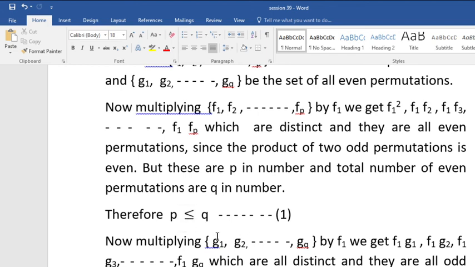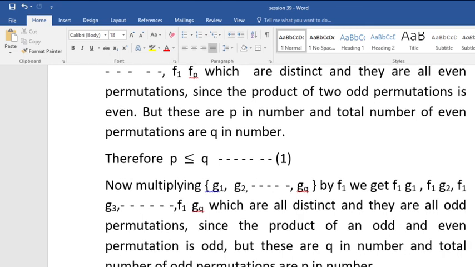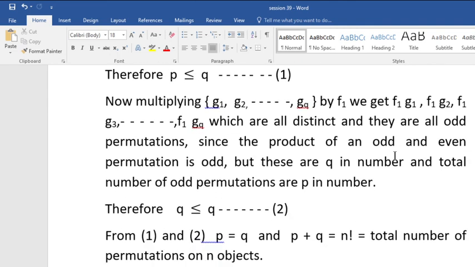Now multiply the set of all even permutations by f1. Then we get f1 g1, f1 g2, and in this way f1 gq, which are all distinct and all odd permutations. Since the product of an odd and an even permutation is odd, but these are q in number, we can say that q is less than or equal to p.